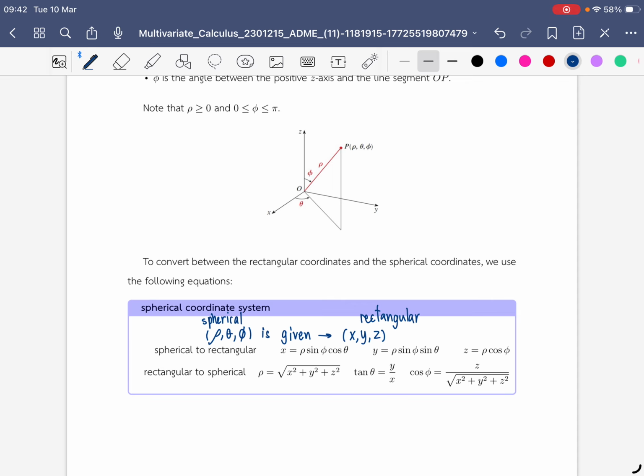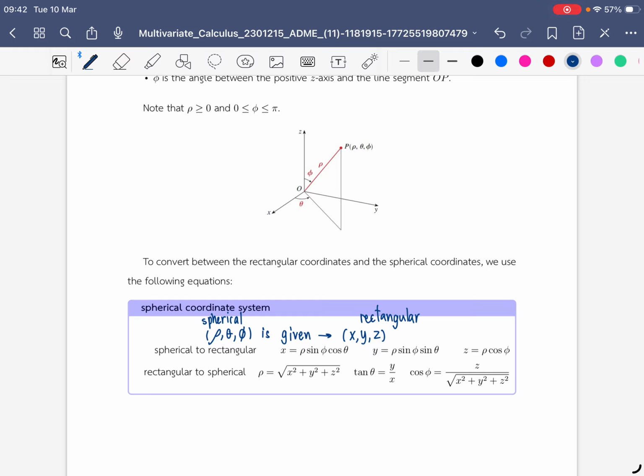But if you just want to nail the x, memorize the formula. It's long. So x is rho sine phi cos theta, y is rho sine phi sine theta, z is rho cos phi.